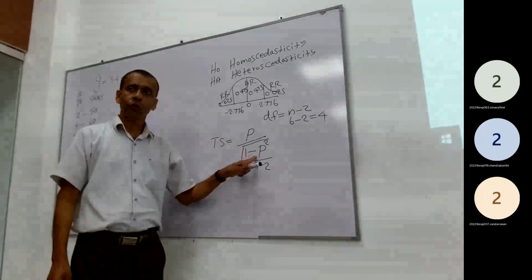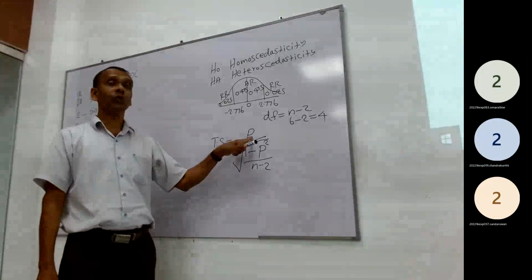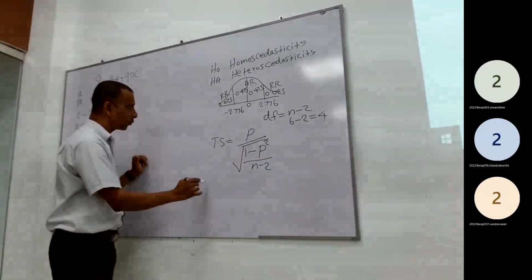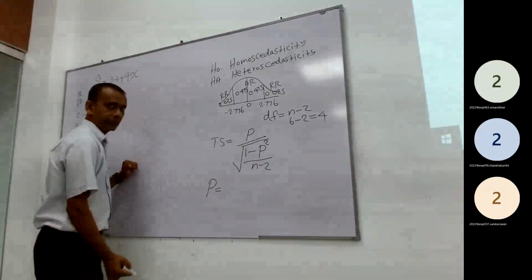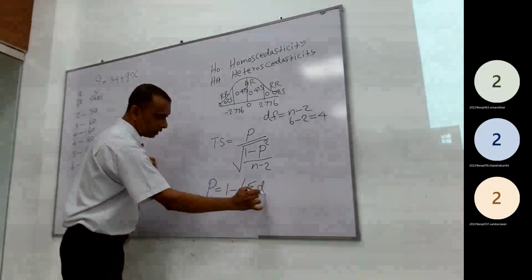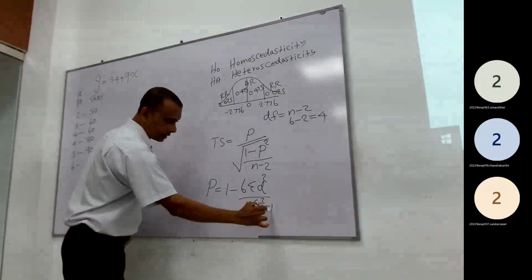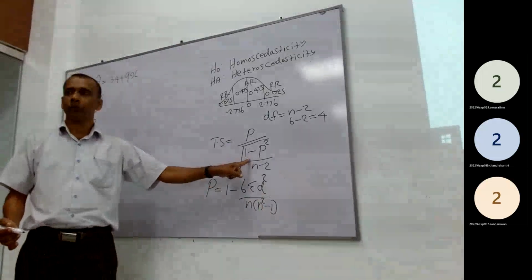To apply this formula, I need to calculate rho first. Rho is 1 minus 6 sigma d squared over n times (n squared minus 1). I want to calculate that, then apply it in this formula.